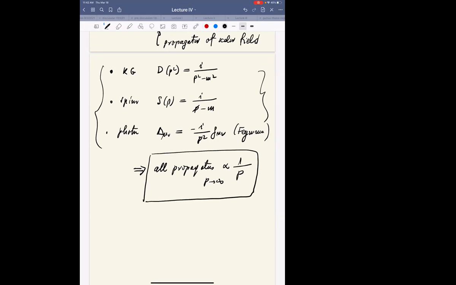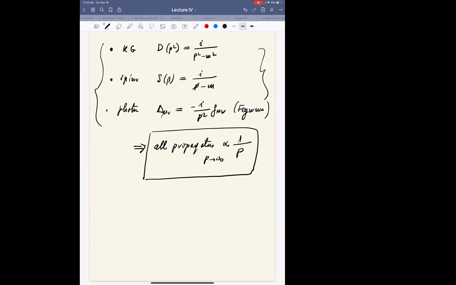And you can say, thank God that they vanish. Because you see, when I do my scattering amplitude, for example, electron on electron, and I exchange at tree level 1 photon, at the loop level I'm going to have to do the loop.